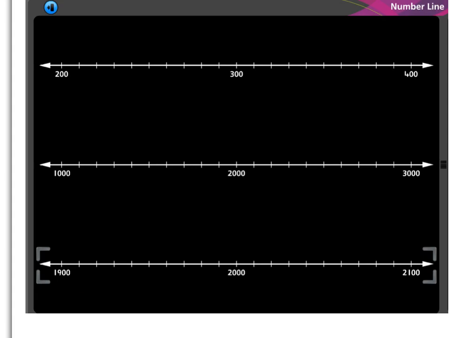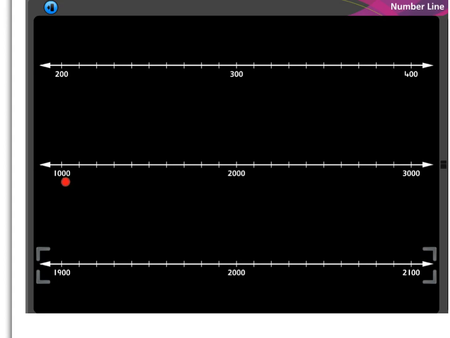I need 1,910, 1,920, 1,930, 1,940, 1,950, 1,960, 1,970, 1,980, 1,990, 2,000. So each of those marks is worth 10.